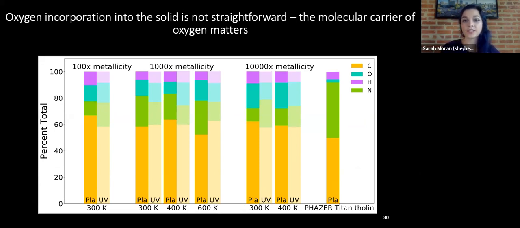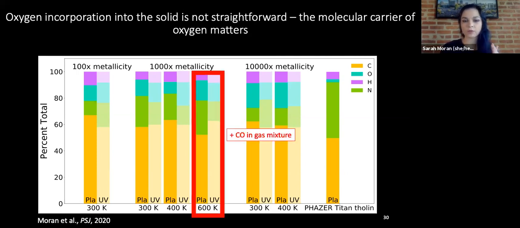But it's not just that there's more oxygen, we can actually say something a little bit more than that. If you look at that middle section, which are all the water-rich cases, you can see that the one I've highlighted, the 600 Kelvin case, actually has the most oxygen in the solid particle. However, it actually had the least amount of oxygen overall in the gas mixture.